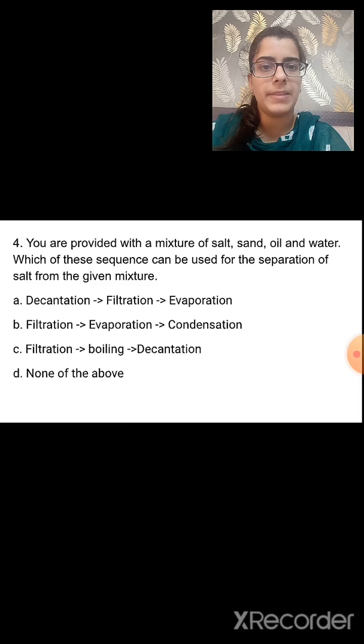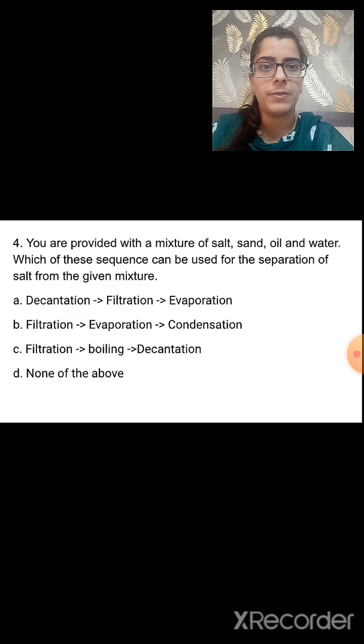Now, as our mixture contains salt, sand, oil and water, by the decantation process, we can separate oil from the sand, salt and water mixture, isn't it? Then, what will be remaining? Salt, sand and water. As sand is insoluble in water, we can filter.